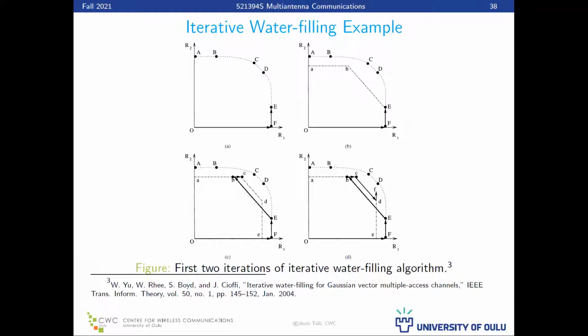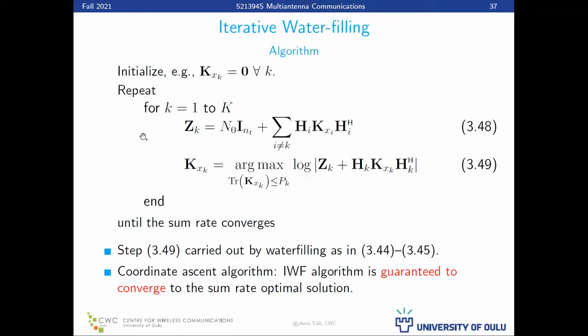We have two users here. Start from both being 0, optimize Kx1 as a single user, and that gets you the first point there. Then when you go to user 2, it contains the interference from user 1, and then you get Kx2.